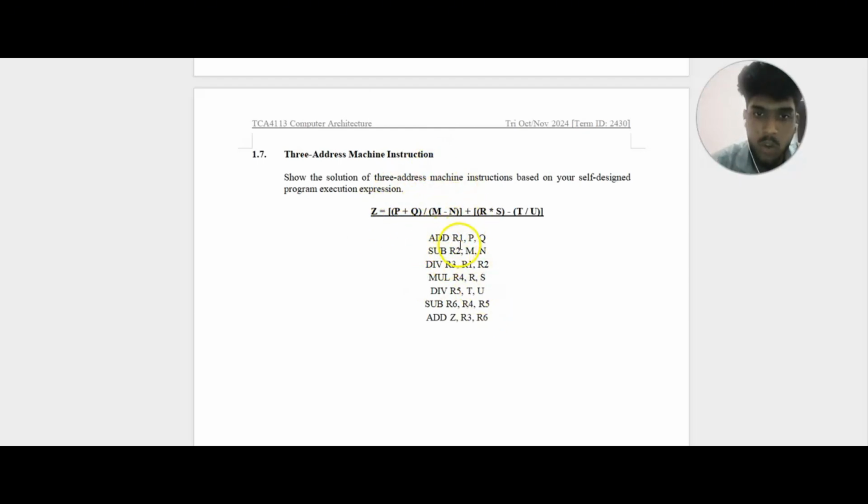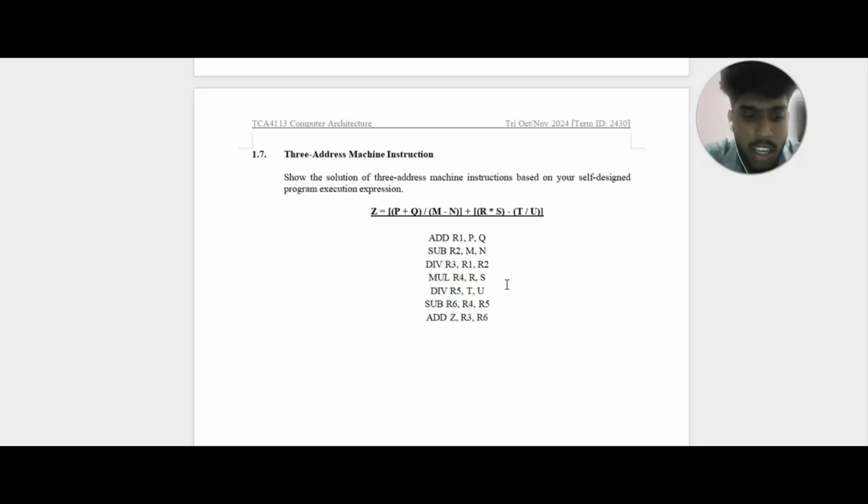So we have to add R1, P, Q, and sub R2, M, N, then divide R3, R1, R2. Divide R1 by R2 and store the result in R3.